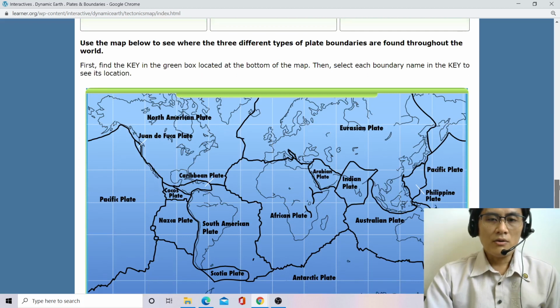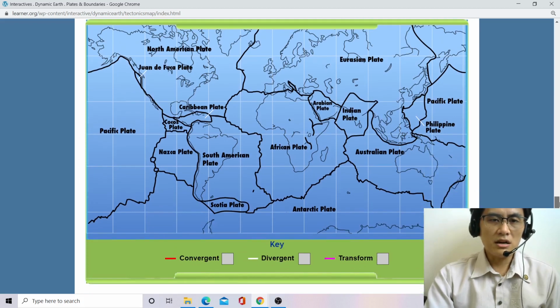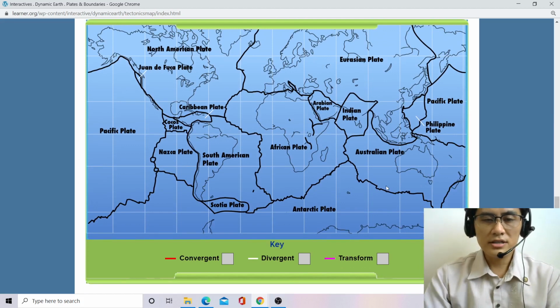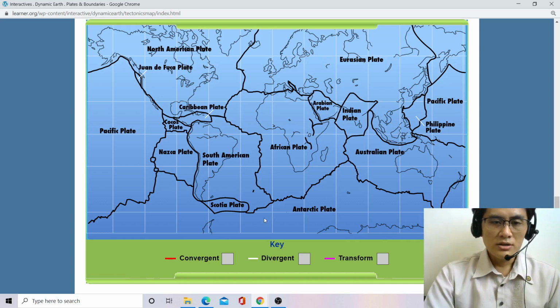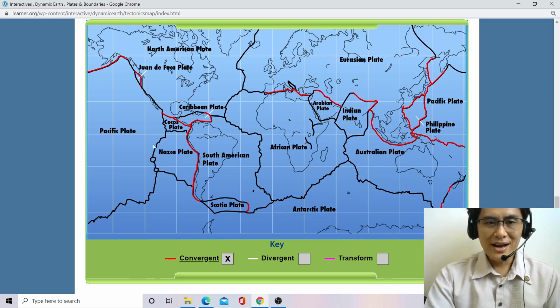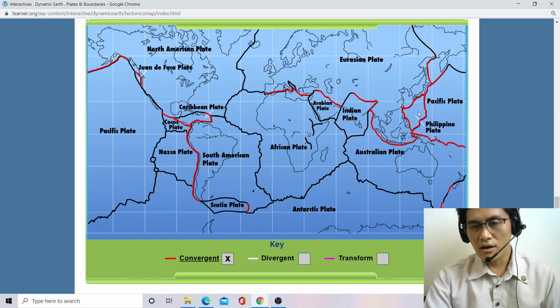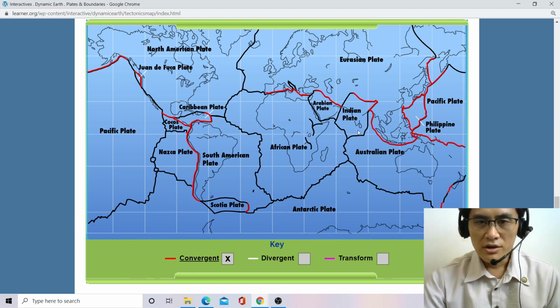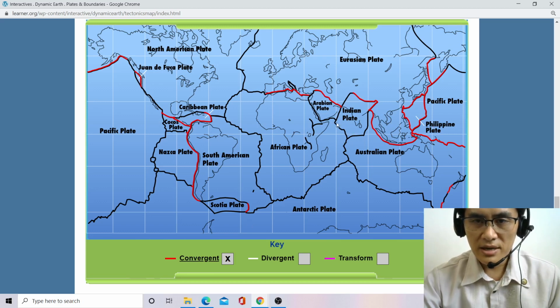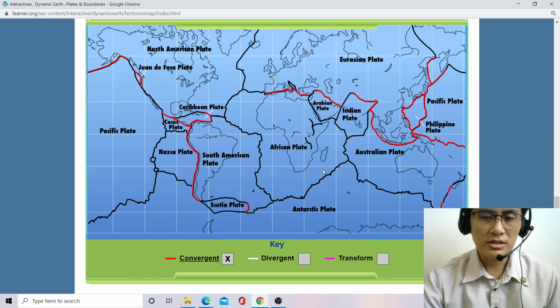Now I like this page because here, with just a click of a button, you can see where the boundaries with convergent, divergent or transform interaction are. So if I click here, all of those red edges are the convergent boundaries. You can, for example, see the Indian plate shares a border with Eurasia, and that border is a convergent boundary.